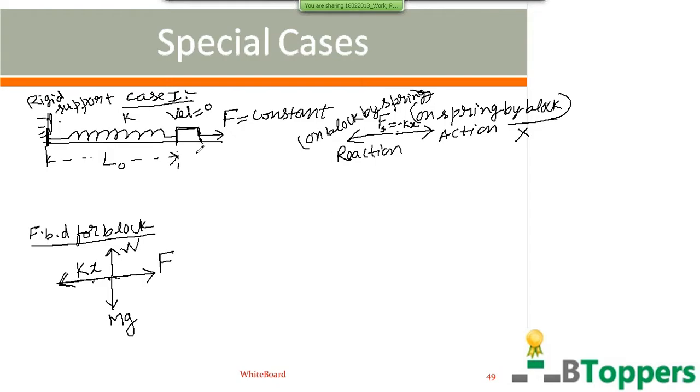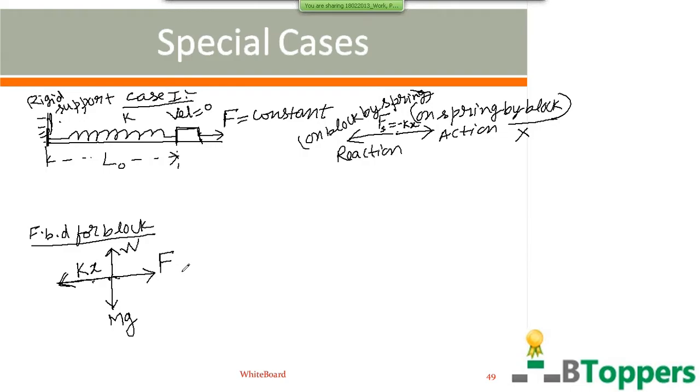Does it increase continuously? Come on, try to think over. The velocity of the block does not increase continuously. The velocity of the block first increases. So as long as the magnitude of the elastic force by spring, Kx, is less than F, the resultant force on the block will be directed towards right in the direction of the motion of the block.